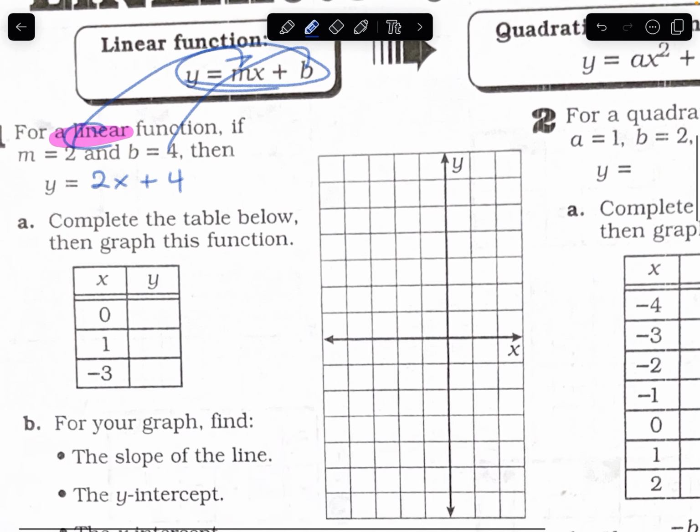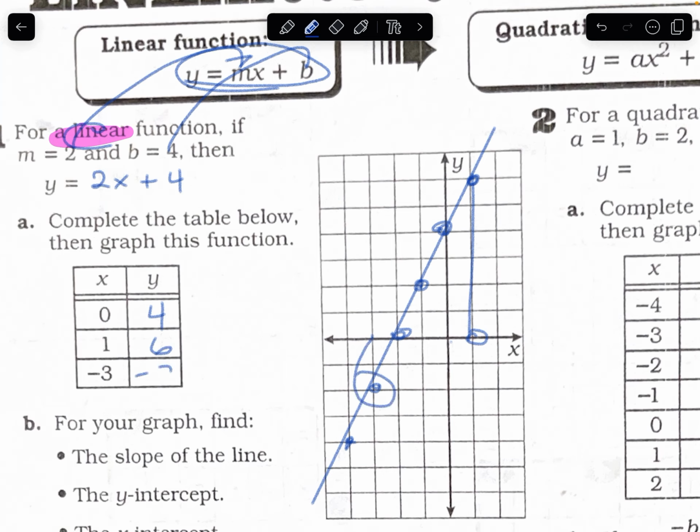And graph it. You know how to graph this, up 2 over 1. And then I can do this really fast. So let's look at this. Since we know how to graph, x is 0, y is 4. That's the y-intercept. x is 1 right here, y is 6. x is negative 3, y is negative 2.